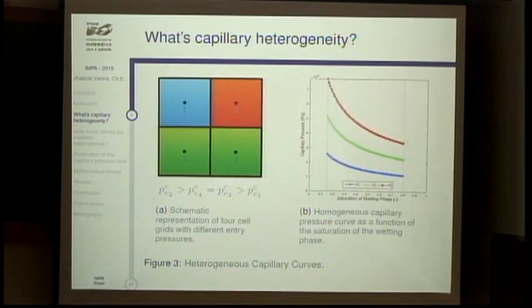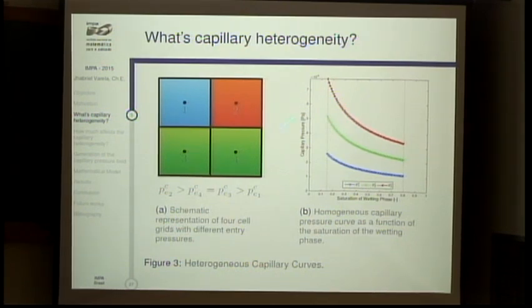But what happens when we have different entry pressures? So in figure A, we can see, again, 4 cell grids, but this time with different entry pressure. So the cell grid 2 has the greater entry pressure. The cells 4 and 3 have approximately the same entry pressure, and the cell 1 has the lower entry pressure.